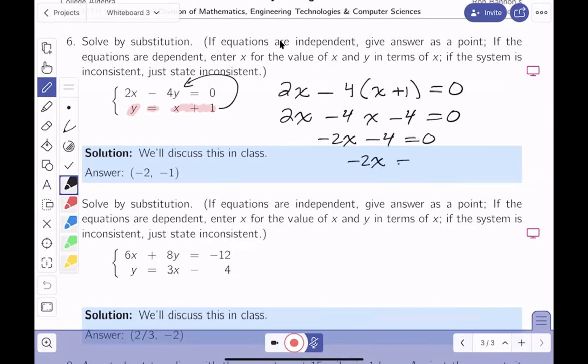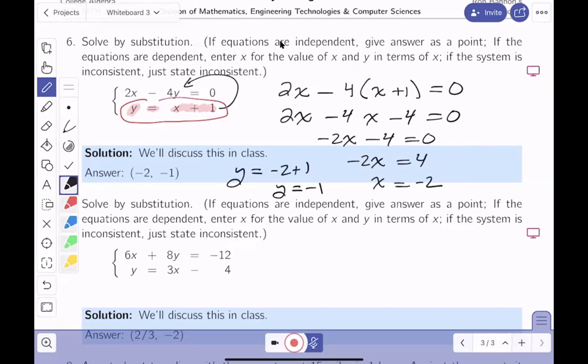Minus 2x equals 4, or x equals -2. How do you get the y? Plug it in here. Let's do that. And what's y going to be equal to? Y will be x, which is -2 plus 1. So y will equal -1.